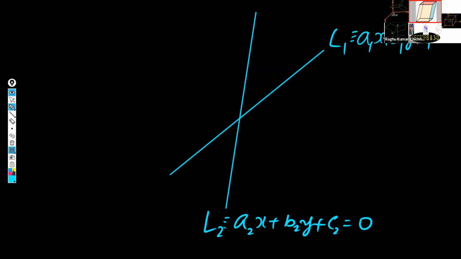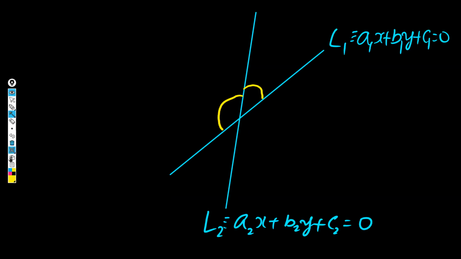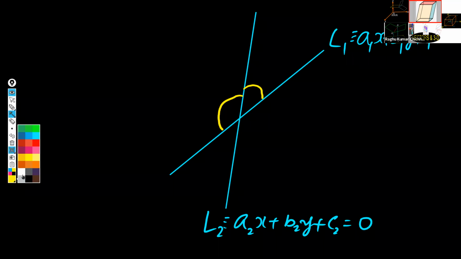Now, let us see here in this case, you will have acute angle bisector in 2D. And this is obtuse angle bisector. Acute angle bisector is the bisector which is bisecting the acute angle between L1 and L2.